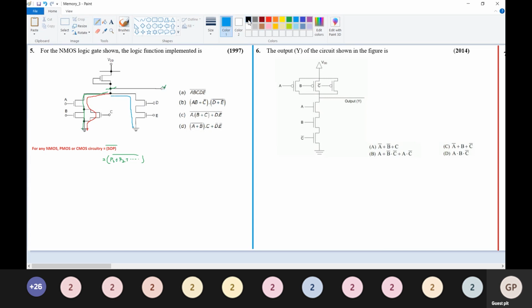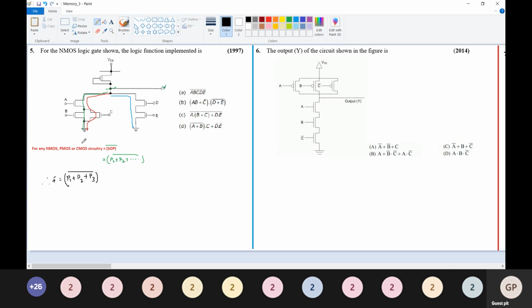Therefore, your function F is equal to the first parallel path, that is product one, the second parallel path, which is product two, and your third parallel path, which is product three, all complemented.